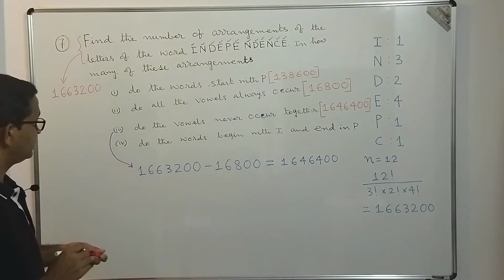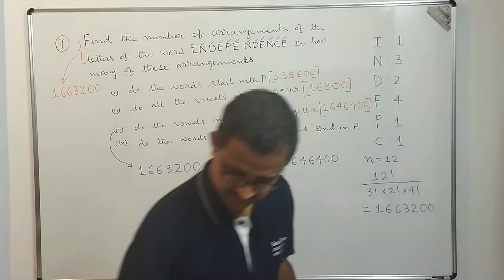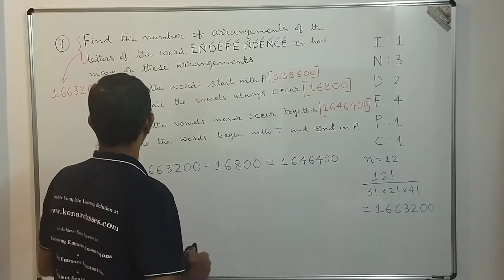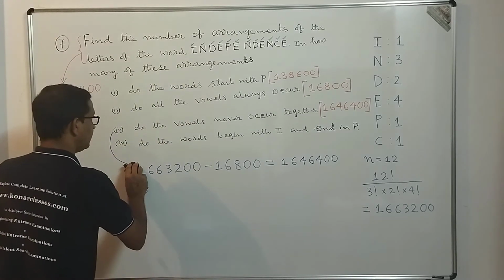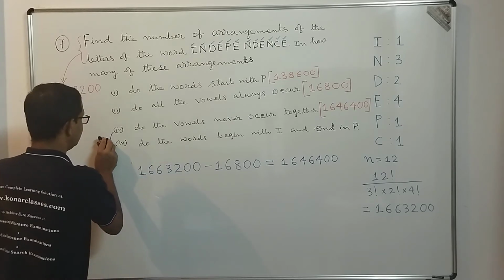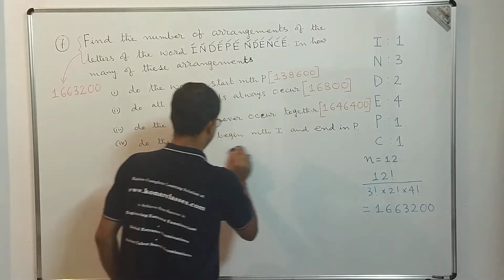Do the words begin with I and end in P? So what is the question? The question is: in how many of these arrangements do the words begin with I and end in P?